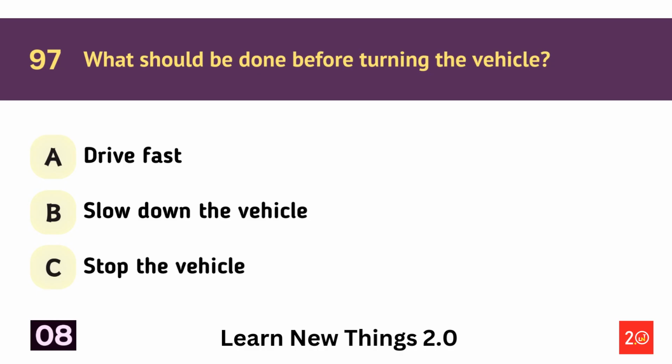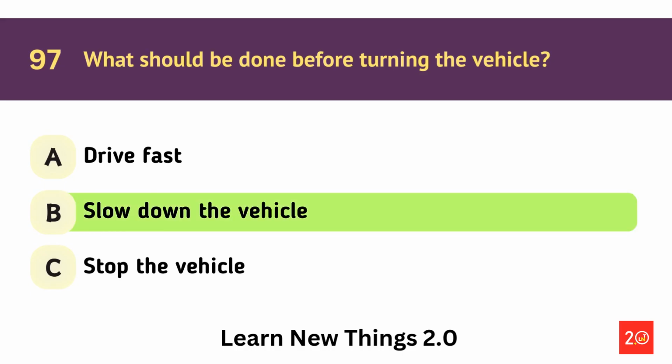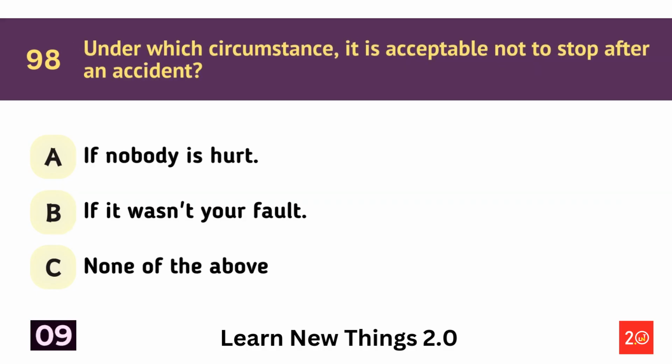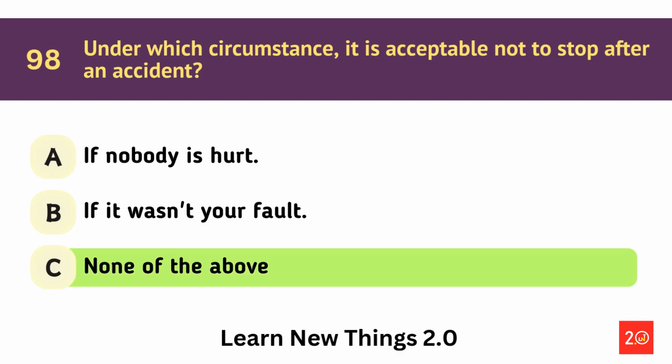What should be done before turning the vehicle? Slow down the vehicle. Under which circumstance it is acceptable not to stop after an accident? None of the above.